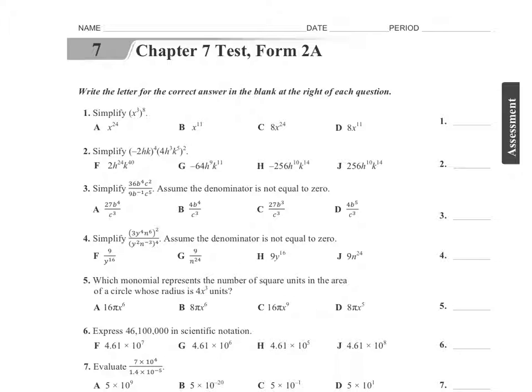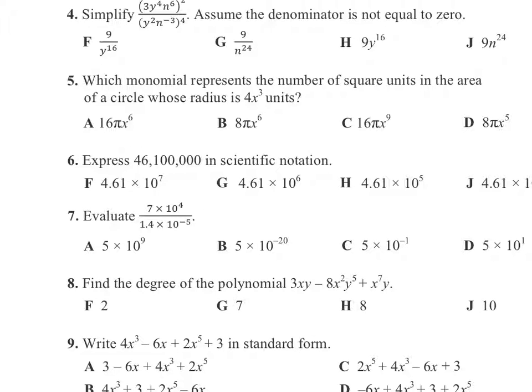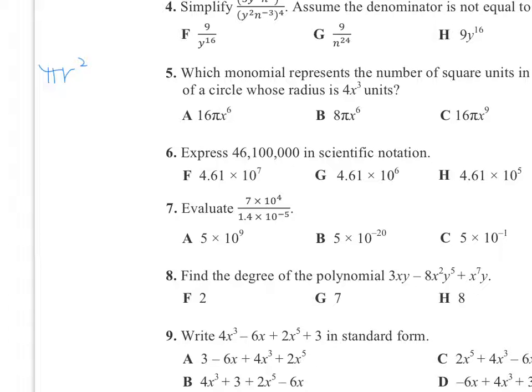Now we're just going to take a look at a few multiple choice questions. So let's take a look first at number 5. Number 5 reads, which monomial represents the number of square units in the area of a circle whose radius is 4x cubed units? If you can recall, the formula for area of a circle is pi r squared.